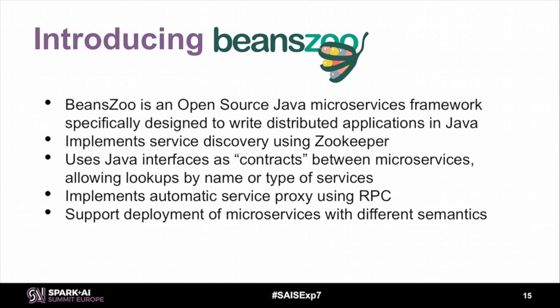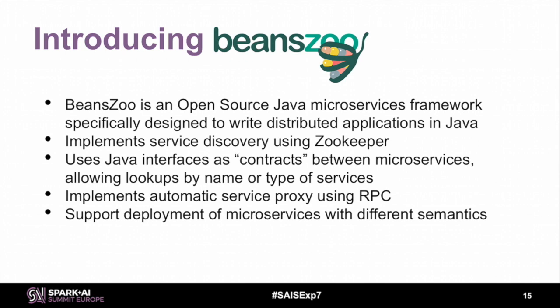So this library performs a very simple task. One is service discovery. It uses Zookeeper to enable service discovery across your cluster. So each service is published and can be accessed by any other service. It uses Java interfaces as contracts.